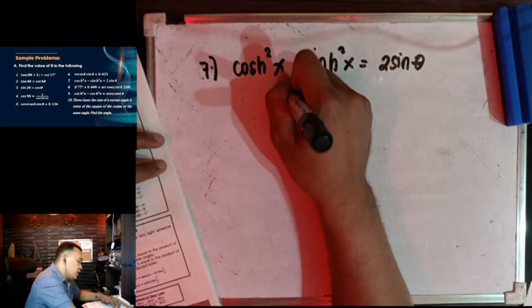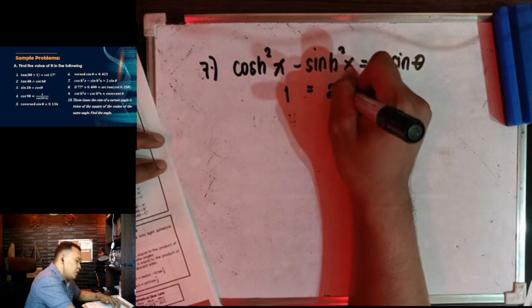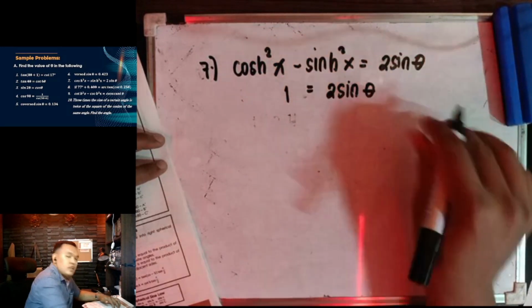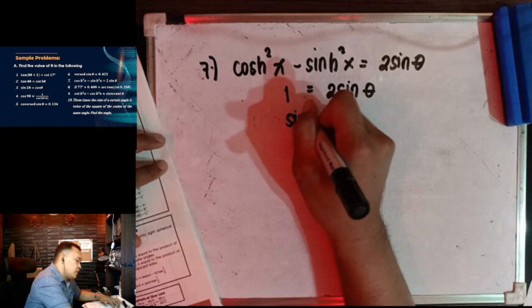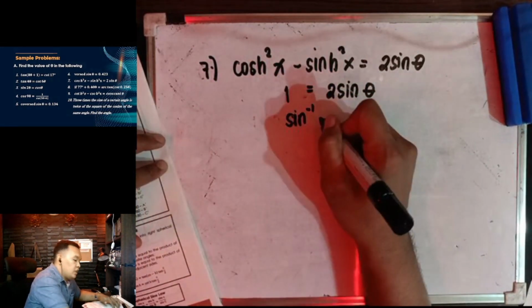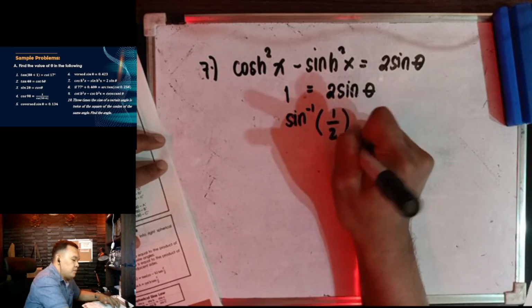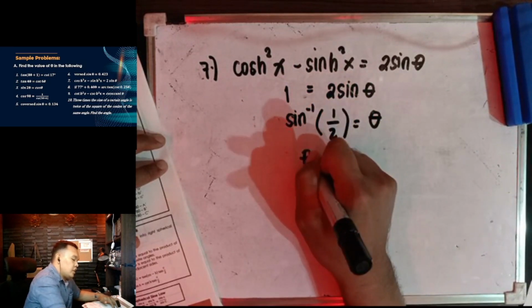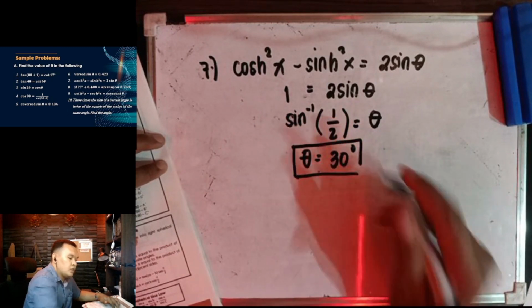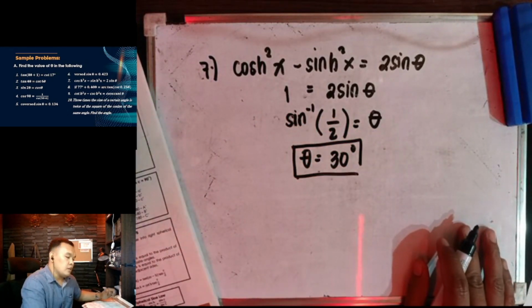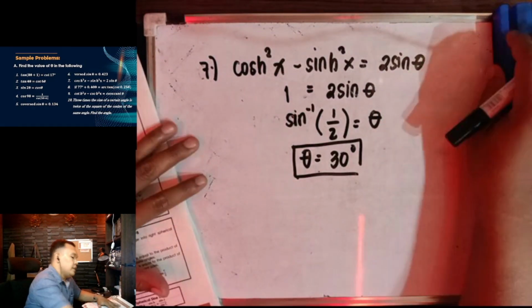So, we have here 1 is equivalent kay 2 sine theta. Then, we could compute that arc sine, transpose ko yung 2 agad sa kabila, 1/2 is equal to theta. Theta is equivalent kay 30 degrees, which is pareho lang siya nung kaninang sinolve natin. No? Okay. So, proceed tayo sa problem number 8.